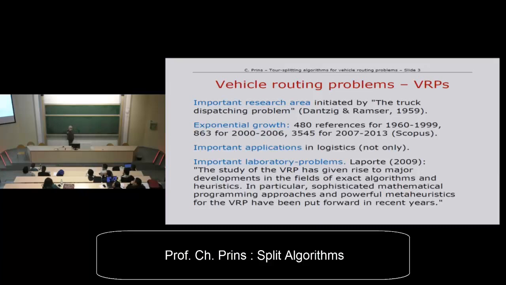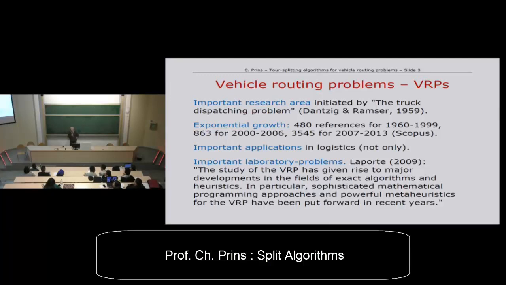And also, as Gilbert Laporte underlined, they are important laboratory problems. Gilbert said, the study of the VRP has given rise to major developments in the fields of exact algorithms and heuristics; in particular, sophisticated mathematical programming approaches and powerful metaheuristics for the VRP have been put forward in recent years.